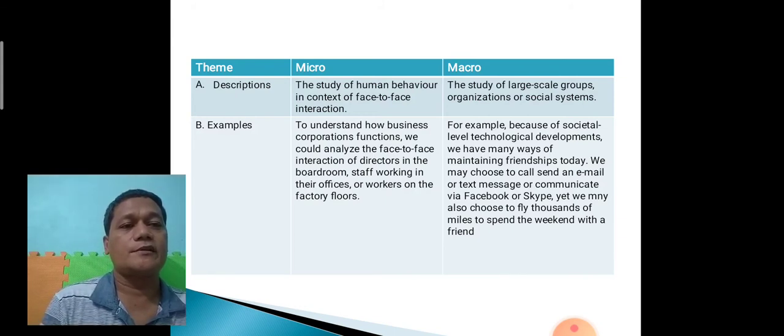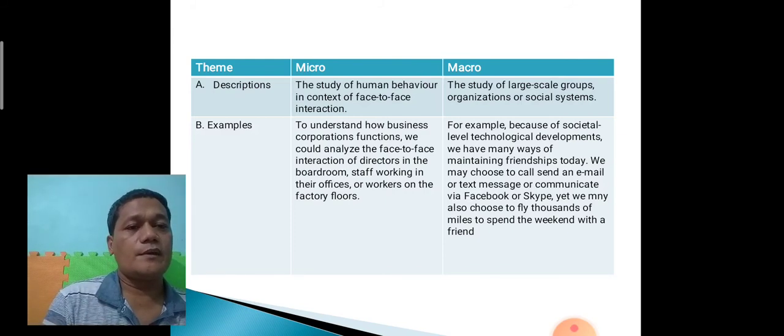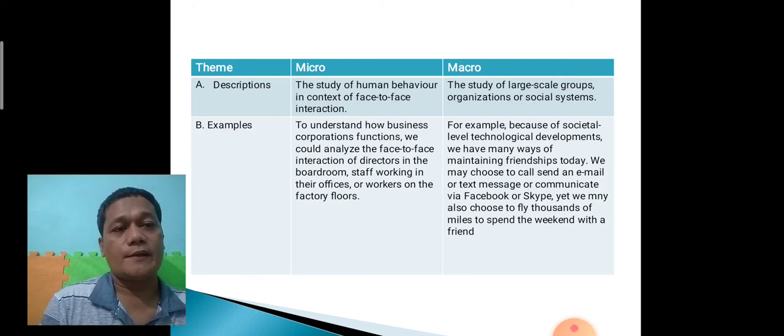And of course, we have macro, so the study of large-scale group, organization, or social system. So example nito ay sabi diyan, because of the societal level of technological development, we have many ways of maintaining friendship today. We may choose to call, send, or email, of course, text message, or communicate via Facebook or Skype. Yet, sabi diyan, we may also choose to fly thousands of miles to spend the weekend with a friend.